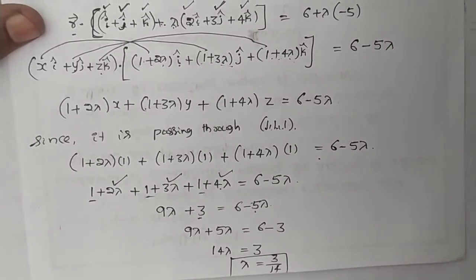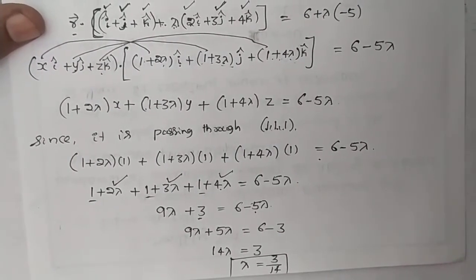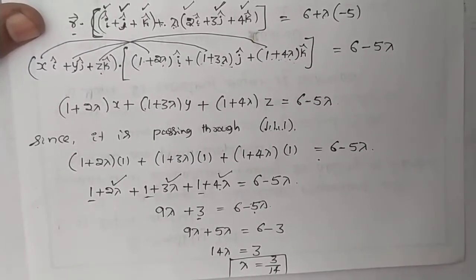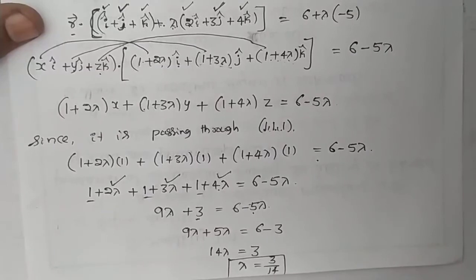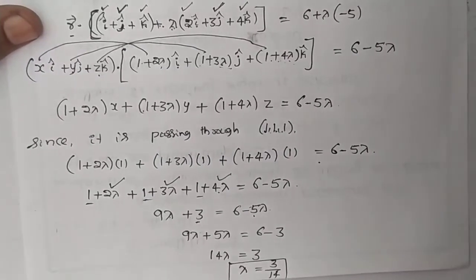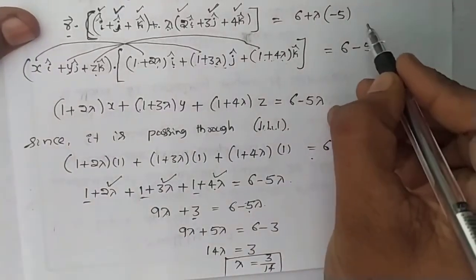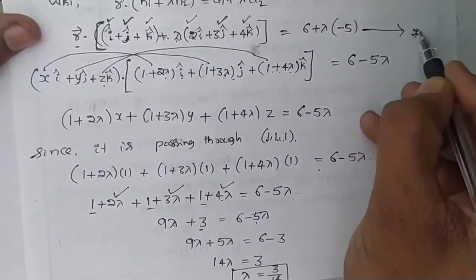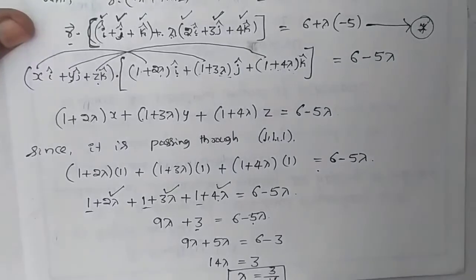We have to find the equation of the plane, so we have to substitute the value of lambda in this equation. Here we have the equation; call this equation star or 1.